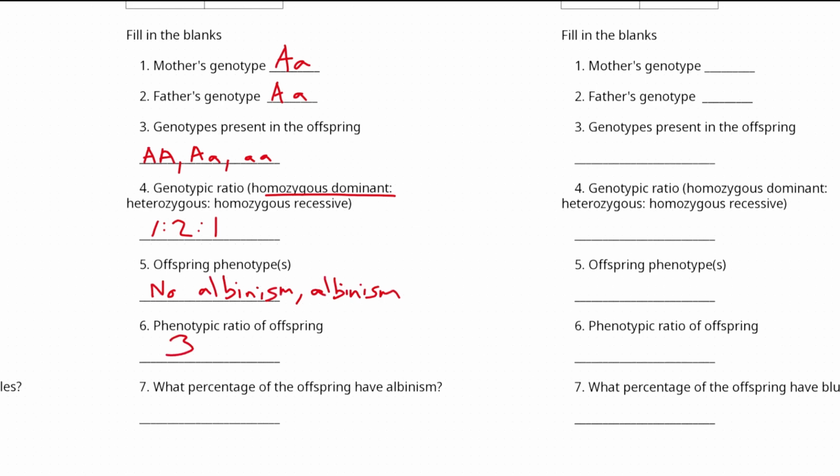So the phenotypic ratio of the offspring is 3 without albinism, 1 with albinism.